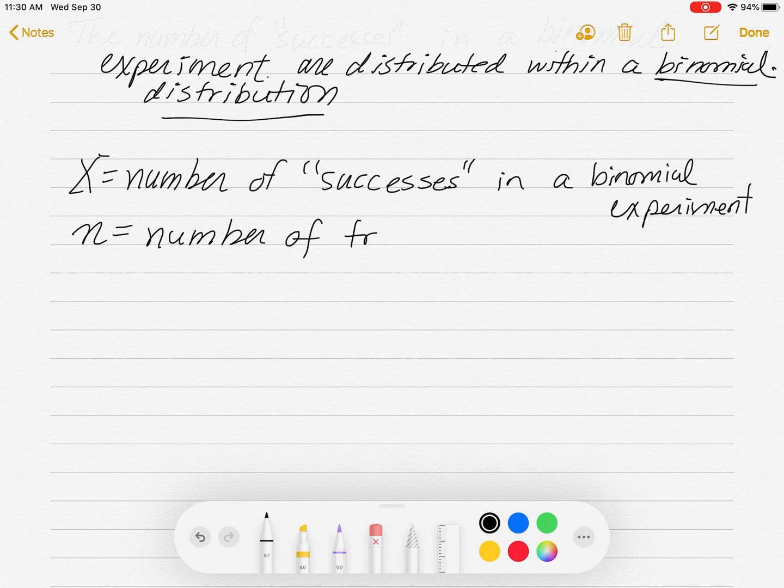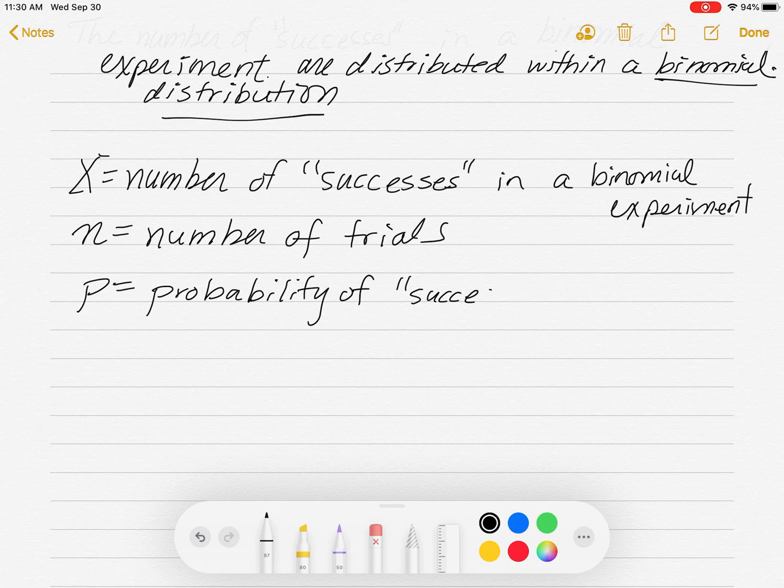Okay, so x tells us our number of successes. n, we said, was the number of trials. p is going to be the probability of success on each trial.